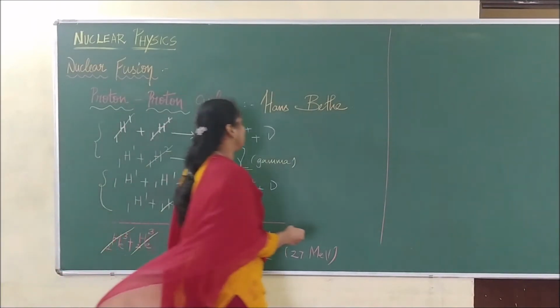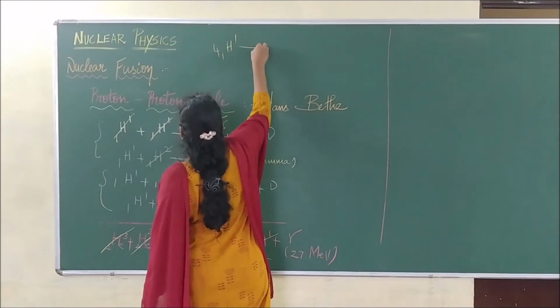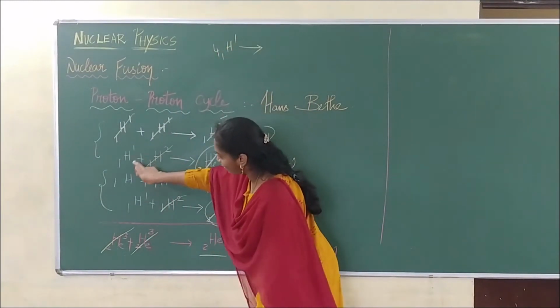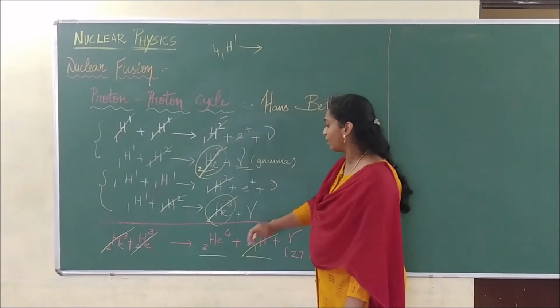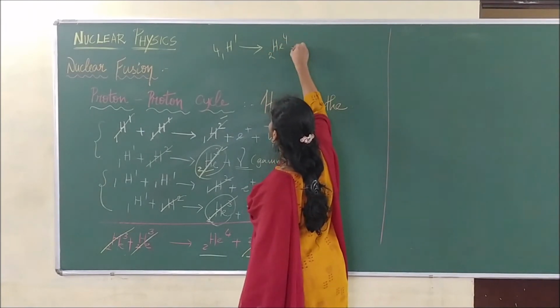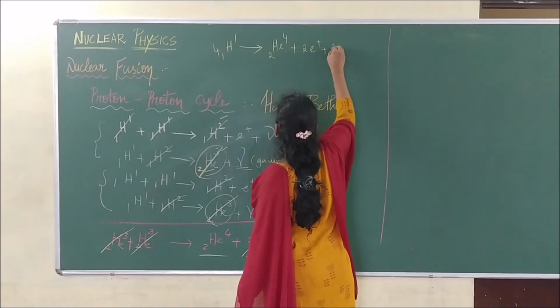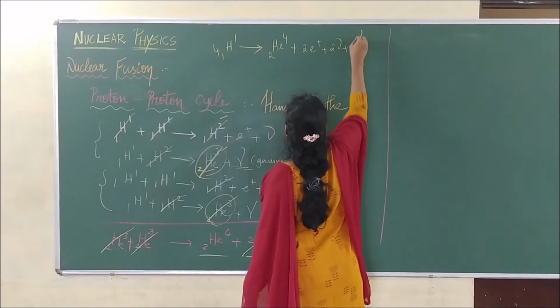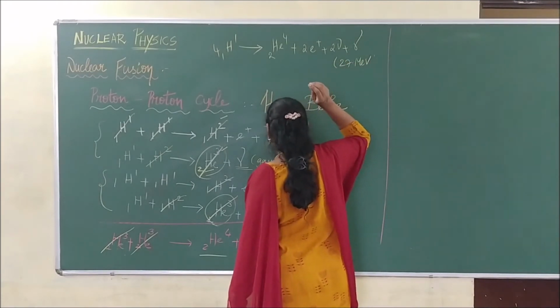Therefore, we can write the final equation: 4 protons, 4H1, directly give rise to what product is left over? Helium He4 plus 2 positrons and 2 neutrinos plus energy. This energy is 27 million electron volt.